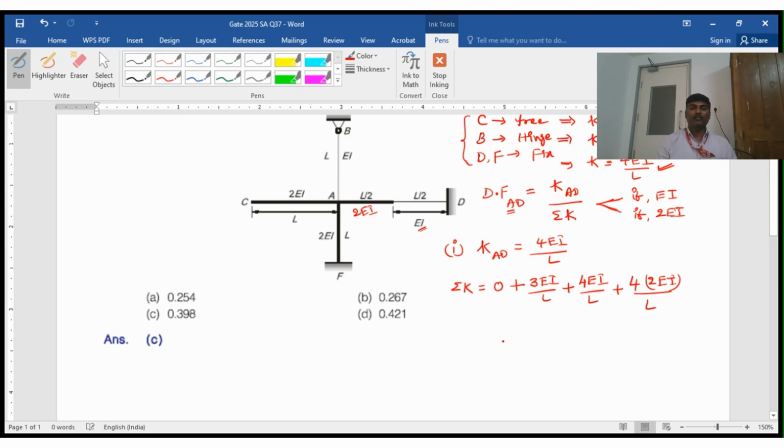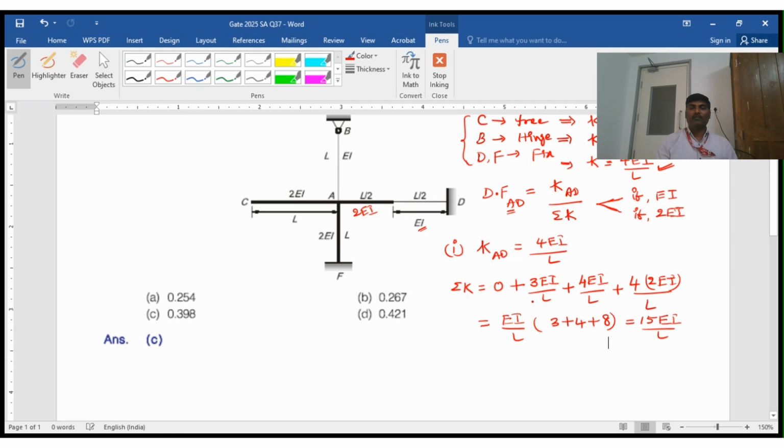Now EI by L common, 3 plus 4 plus 8, so it is coming around 15 EI by L.